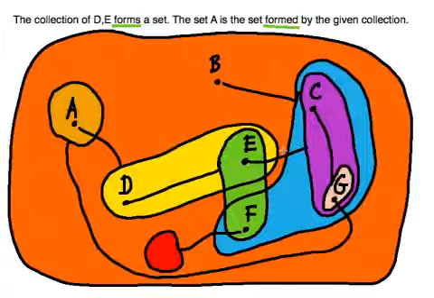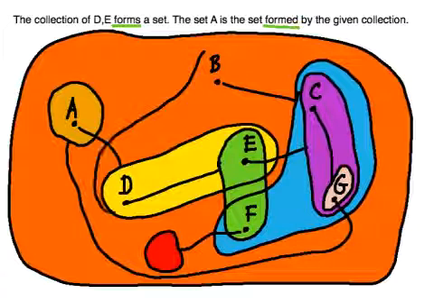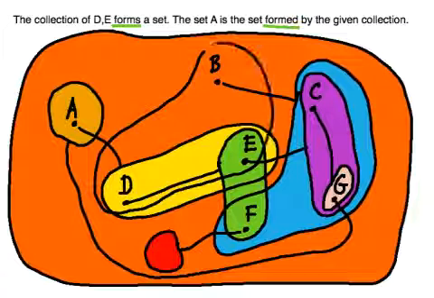But we also have a bunch of collections that do not form sets. For instance, we can see here that the collection consisting of, let's say, B, D, and E does not form a set. There is no dot in the universe that expands into this content.